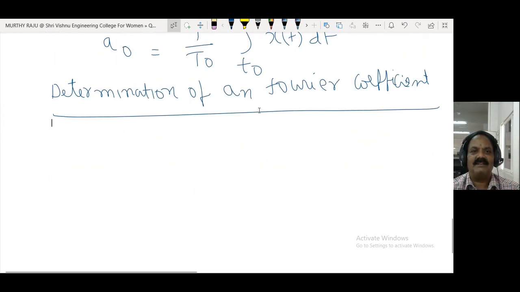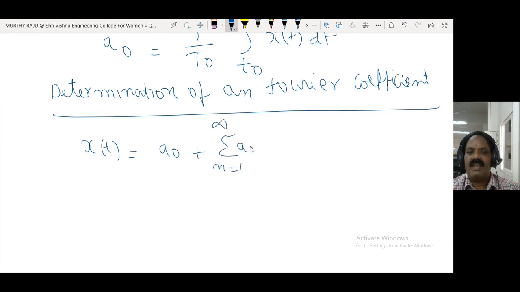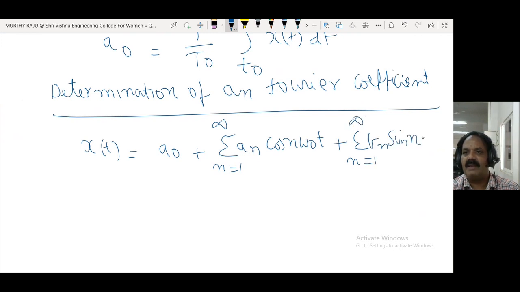Again, take x of t, a periodic function, expressed as a DC component and two sinusoidal components, cosine terms and sine terms: a naught plus the sum from n equals 1 to infinity of an cos n omega naught t plus the sum from n equals 1 to infinity of bn sin n omega naught t.